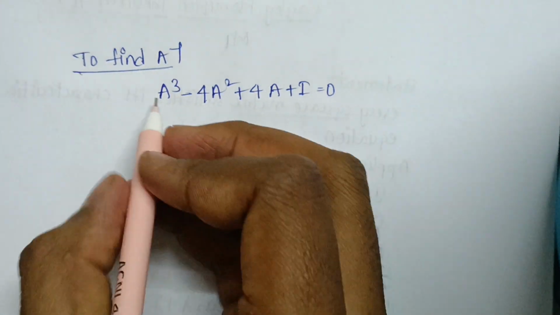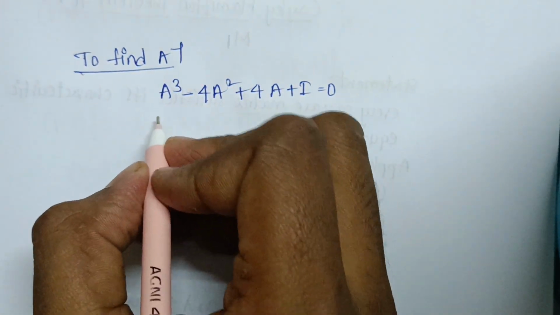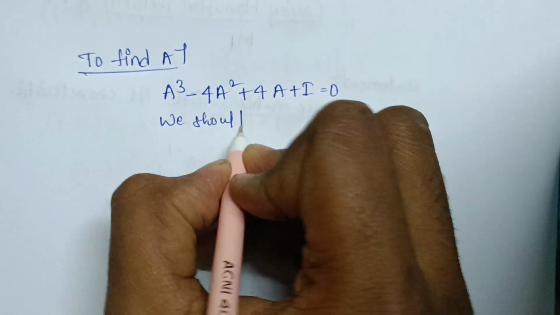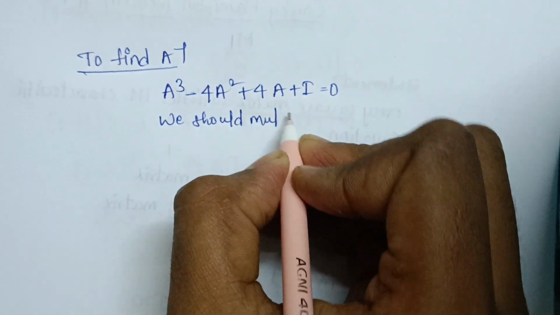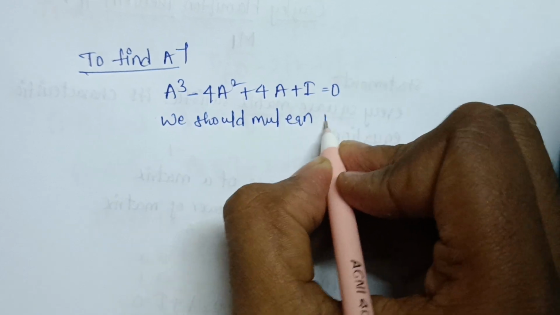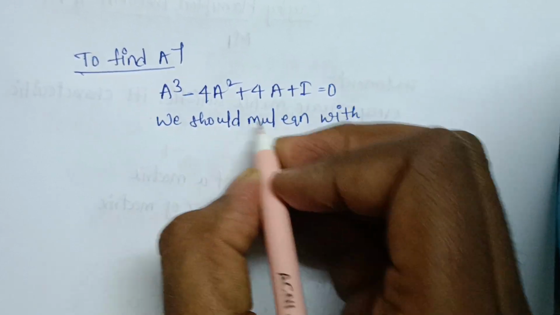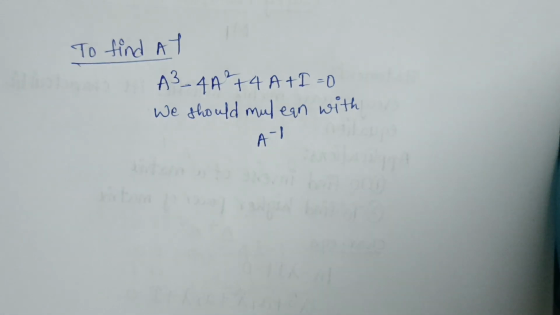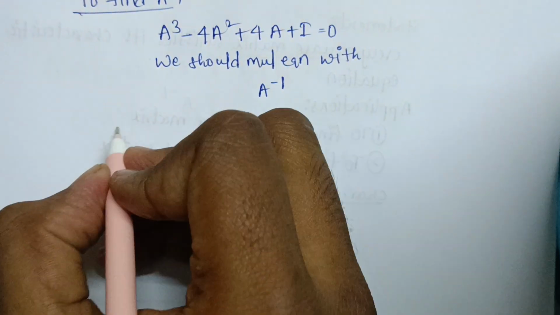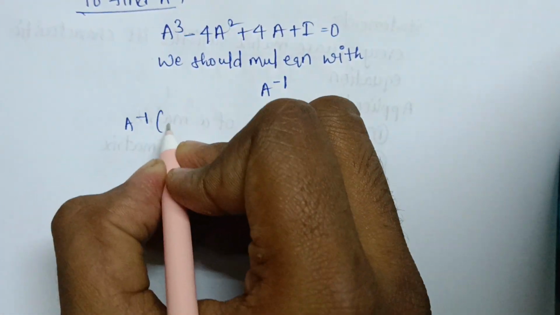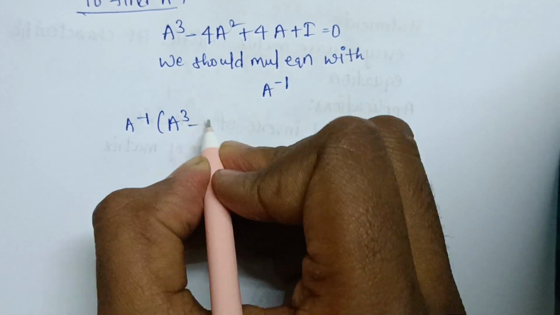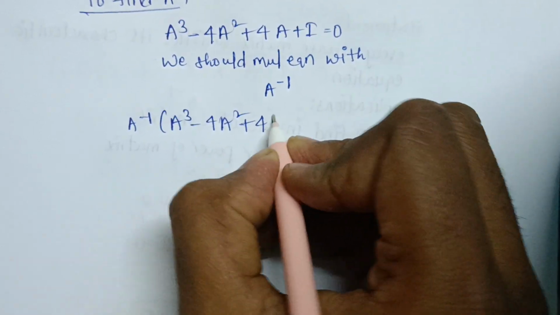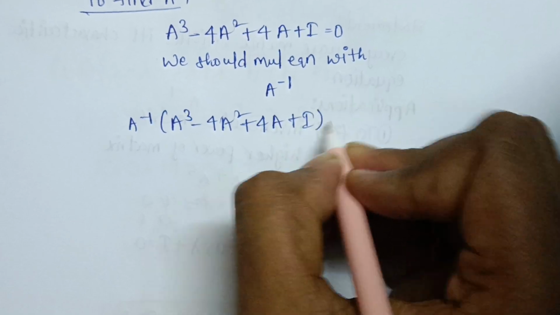To find A inverse, we should multiply the equation with A inverse. So multiply. A inverse into A cube minus 4A square plus 4A plus I is equal to 0.